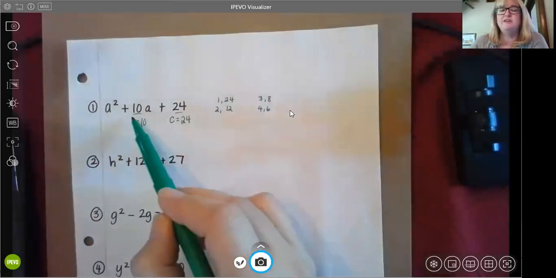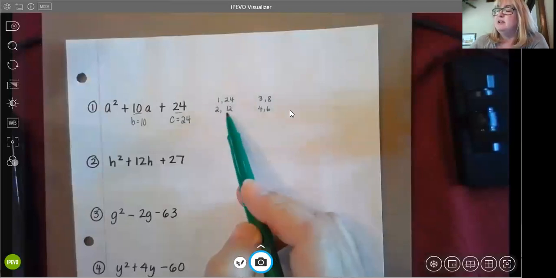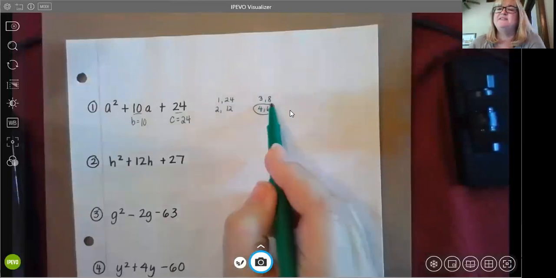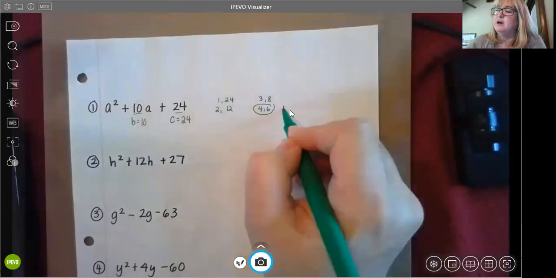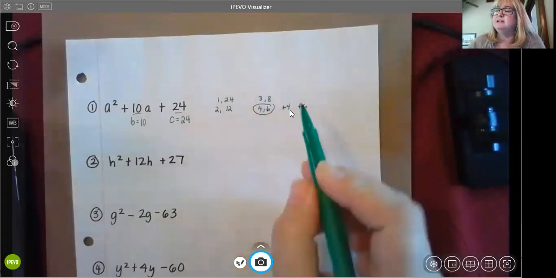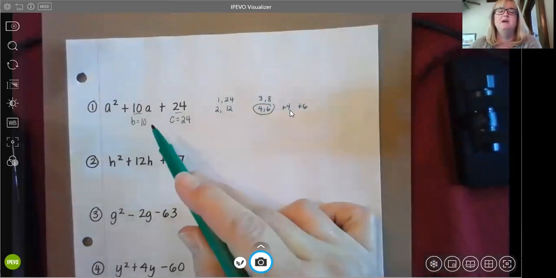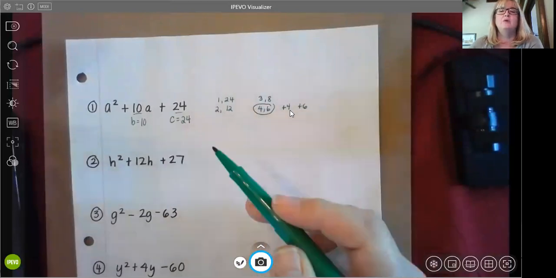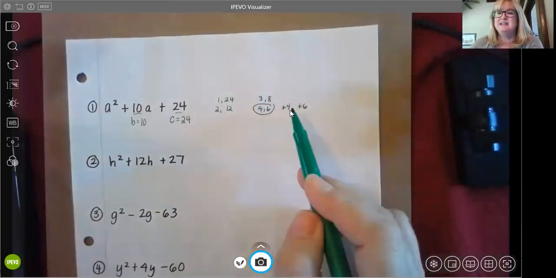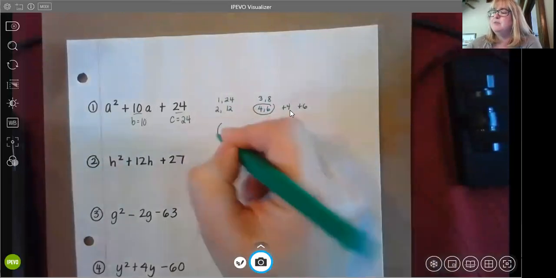Well, 1 and 24, that's not 10. 2 and 12 is not, 3 and 8, but 4 and 6. If I take a positive 4 and a positive 6 and put them together, I get a positive 10. All right, so once I've unlocked this, then it is simple. You've really unlocked the key.